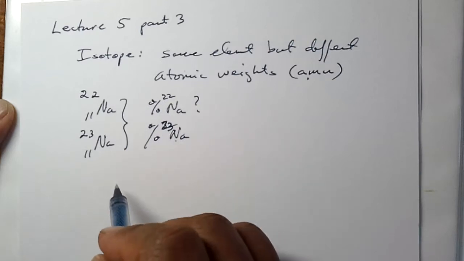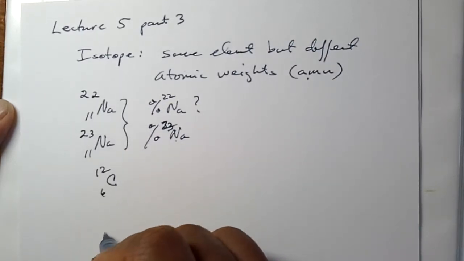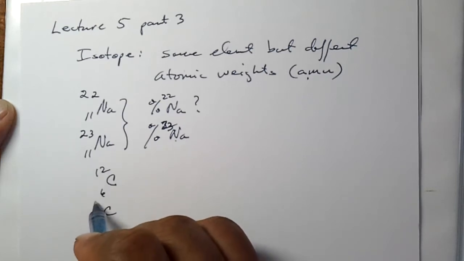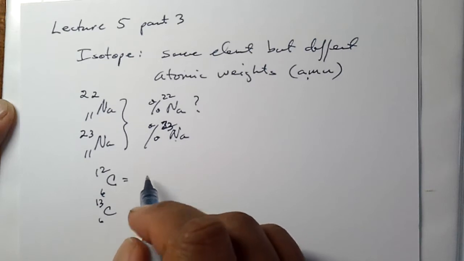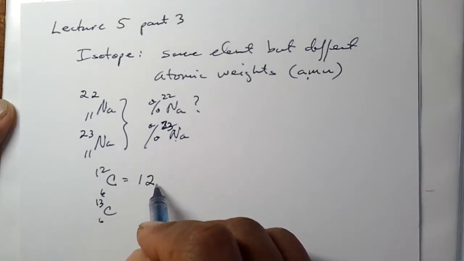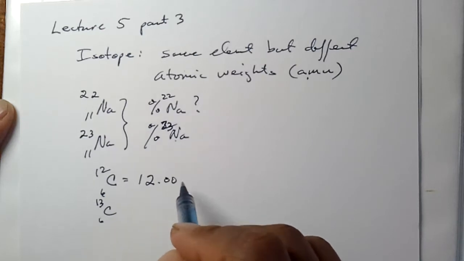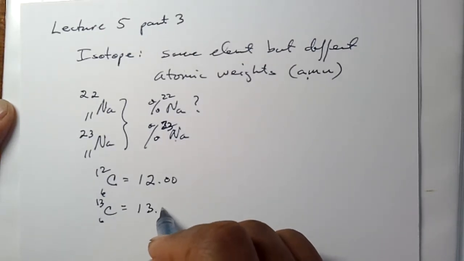In this case, let's look at carbon. Carbon has isotopes 12 and 13. So that means the atomic mass of carbon 12 is 12.00, and carbon 13 is 13.00.